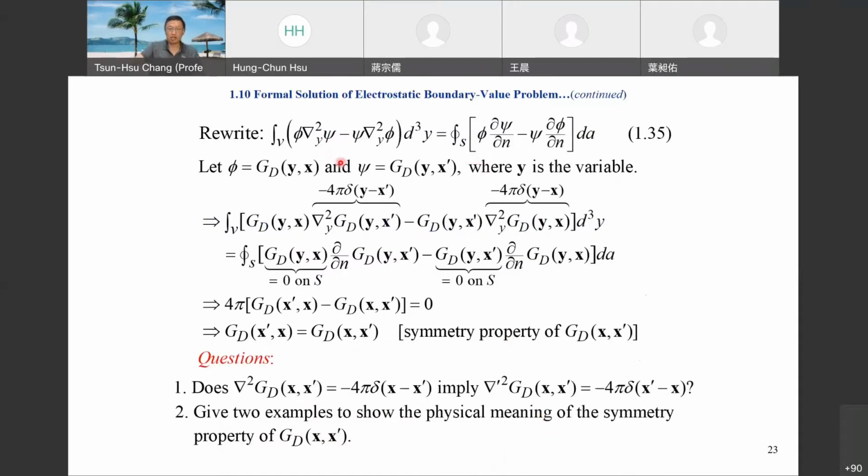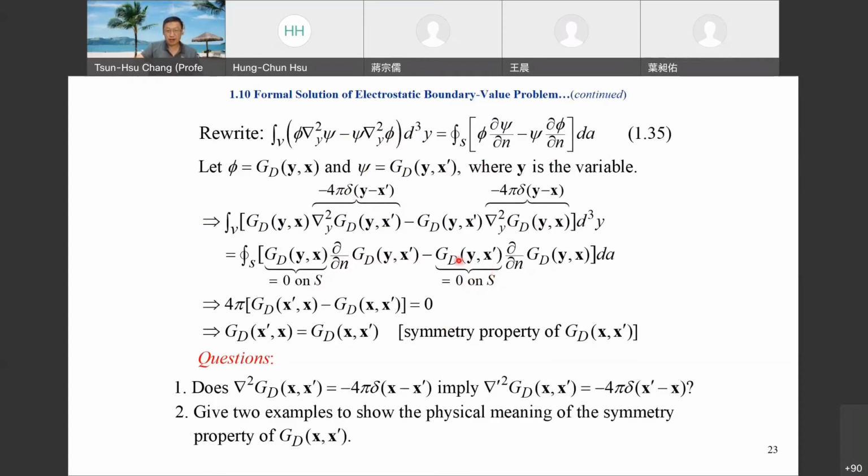Substitute into Green's second identity, with phi as this one and psi as this one. Eventually we get the Dirac delta function again. This one is 0 because we specified it to be 0. This one is also 0, given.